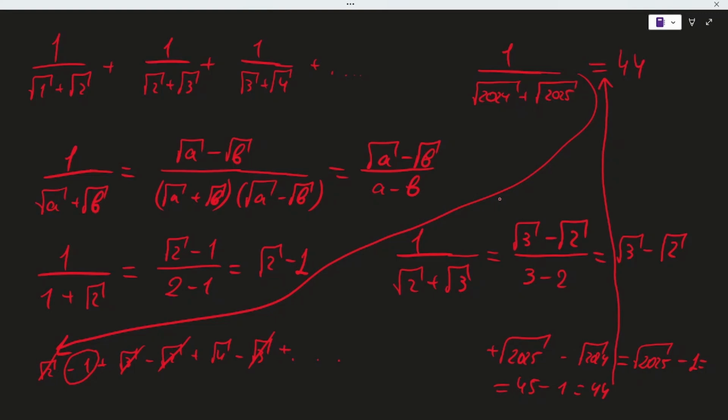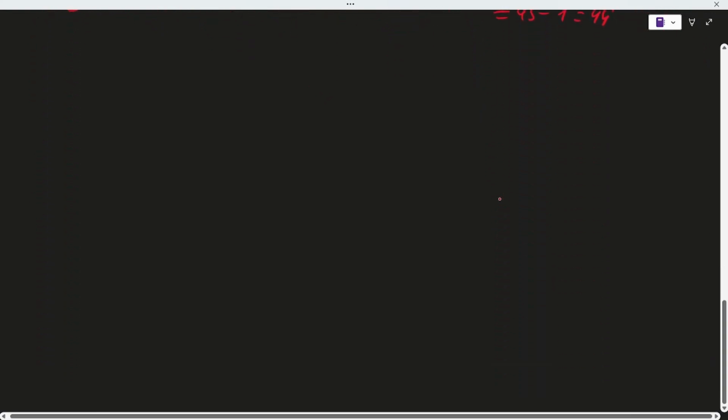Next example is almost similar, but we are using here the difference of cubes formula.